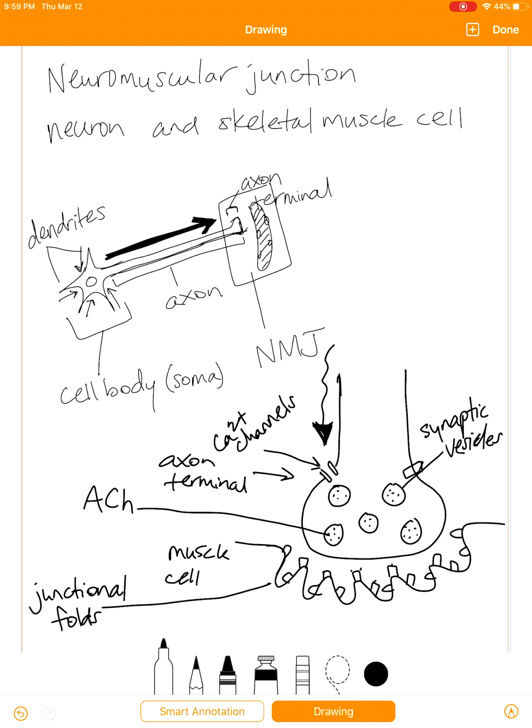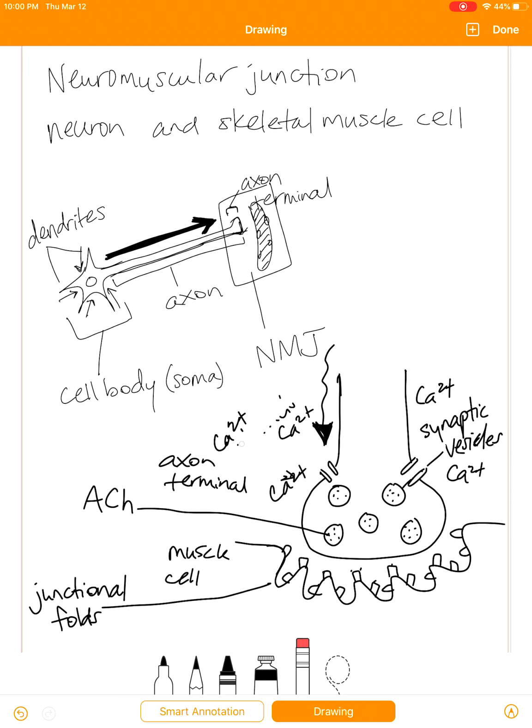So they're going to open up in this membrane. You're going to put a nice hole in the membrane specific to calcium. Okay, and we have a lot of calcium floating around outside of our neurons. So what is going to happen through diffusion once these channels open up? Well, the calcium, let me erase a little bit of this just to clear up any confusion here.